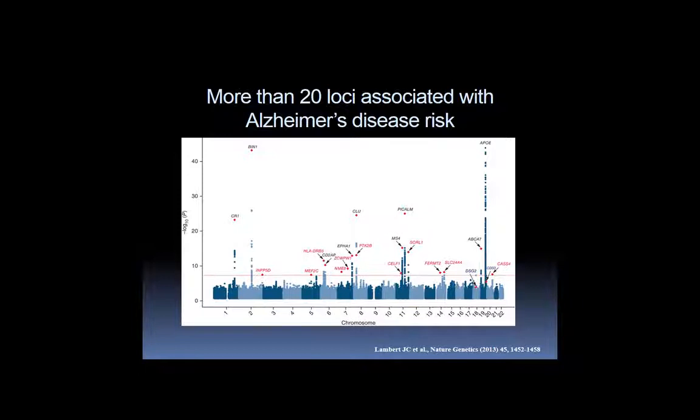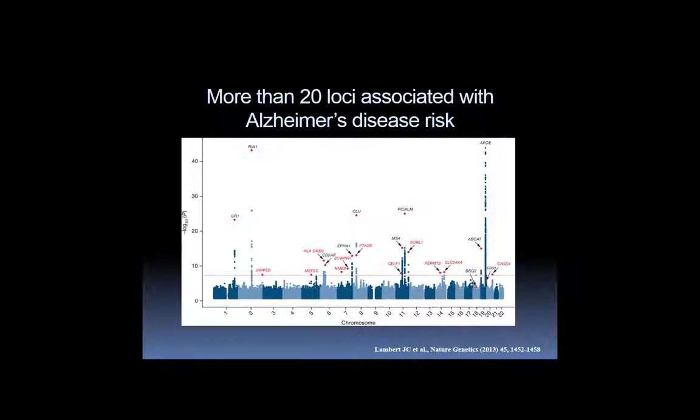Chromosomes are along the x-axis, minus log 10 p-value on the y-axis. This red line is the multiple test correction for the number of SNPs. 5 times 10 to the minus 8 is what is most commonly used.